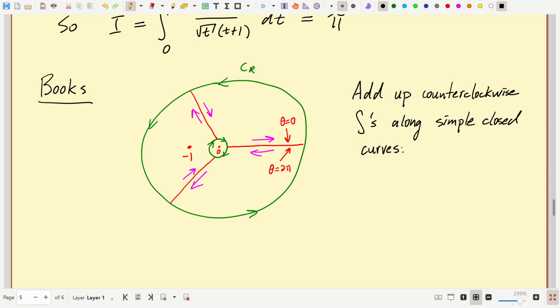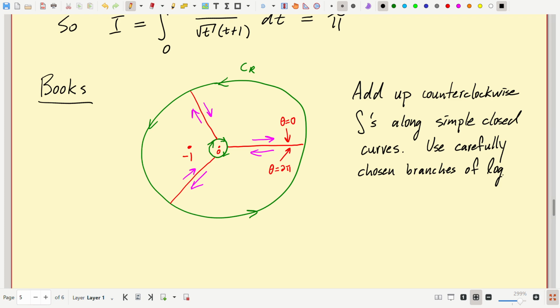When you add them up, I'm going to use different branches in different ones. Carefully chosen branches of log.